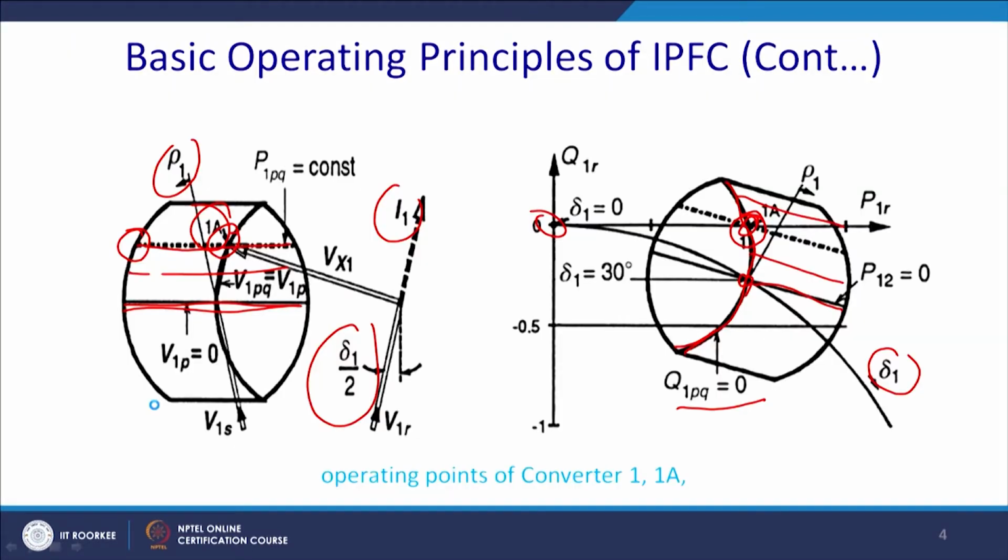Please go back to the previous one, then only you will understand. This is the case. So, ultimately it will inject the voltage in this way. What happened here is that this line corresponds to the 0 value of PQ, and ultimately the point will be shifted here.